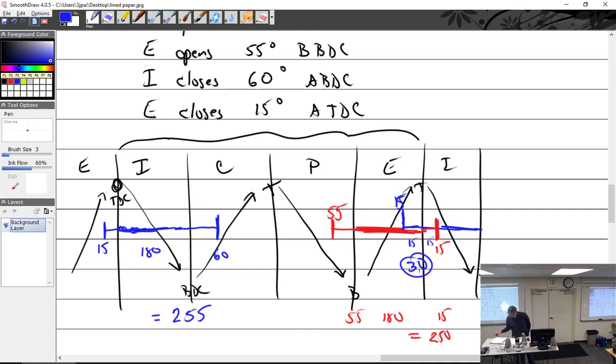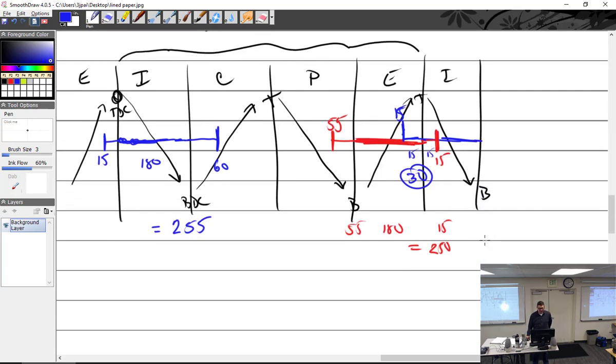Let's see. What if I threw this at you? How many degrees total are the valves closed? Well, how would you do that? I would pick it up right here to here, right? Between this point and this point, how many degrees is this?